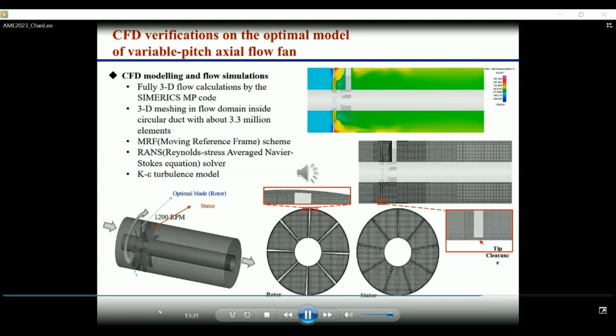We use the MLF scheme for the interface between the rotor and the stator blades. And we also use the Navier-Stokes equation solver with the k-epsilon turbulence model. You can see the pressure lines of air passing through the rotor stator blades like this.